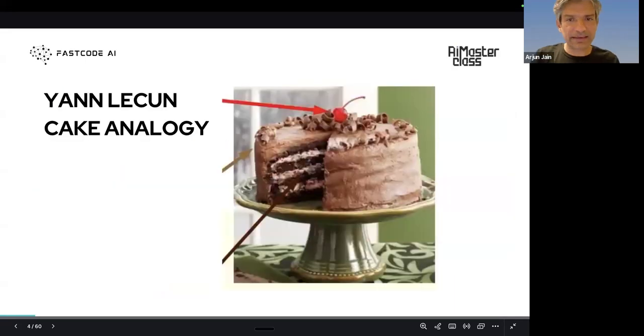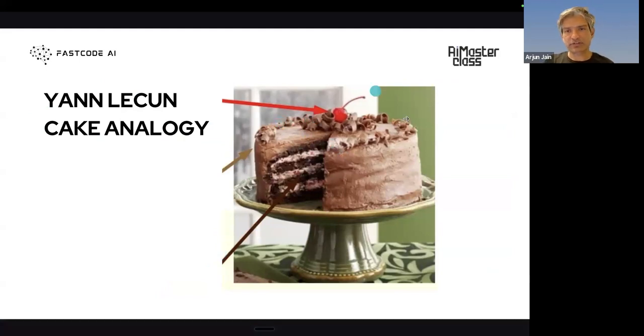And Jan has this cake analogy, and it's very famous. Essentially, he's saying the part which is sticking out, the iceberg above the water, is just the icing on top of the cake. And the unsupervised learning is the actual cake, the full cake. Supervised learning is just the icing, because it's the part above the water.